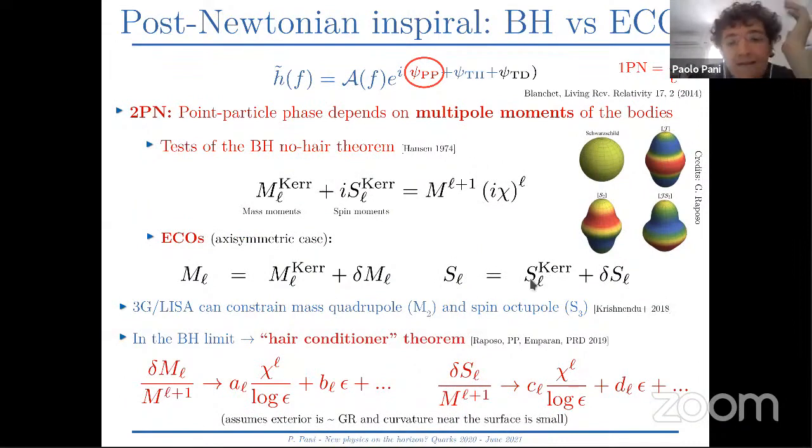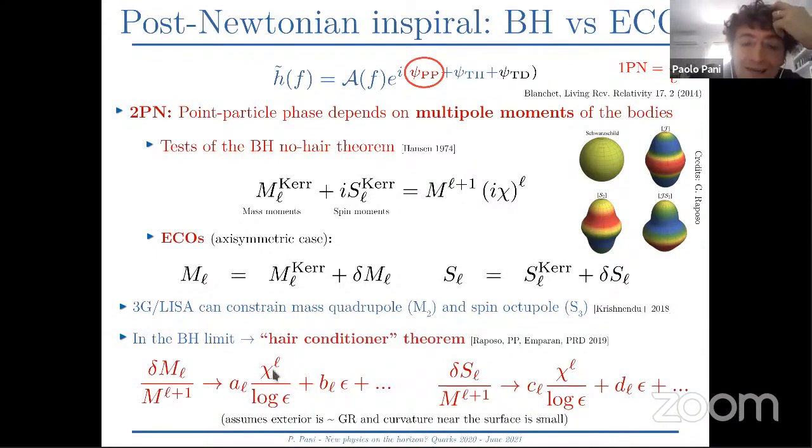And then we essentially ask the question: how small should this deformation from the Kerr multipole moments be in order for the curvature of these solutions at the effective radius not to diverge in the epsilon going to zero limit? So the black hole limit here means that epsilon is very small, and unless they go to zero sufficiently fast, the curvature blows up. And they can go to zero in two different ways.